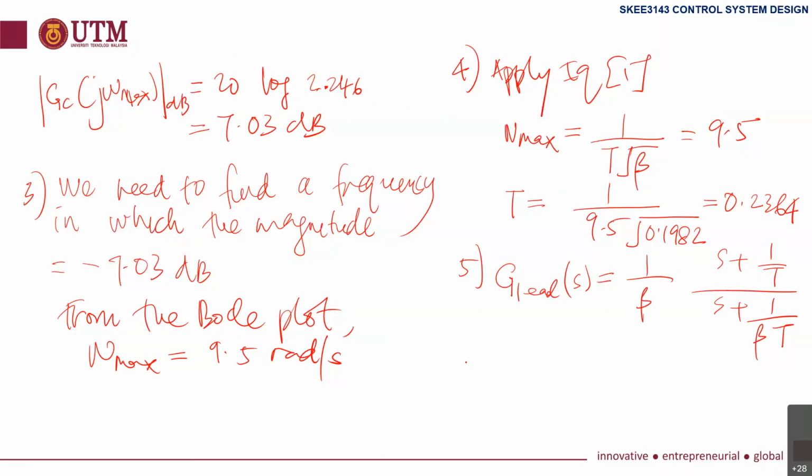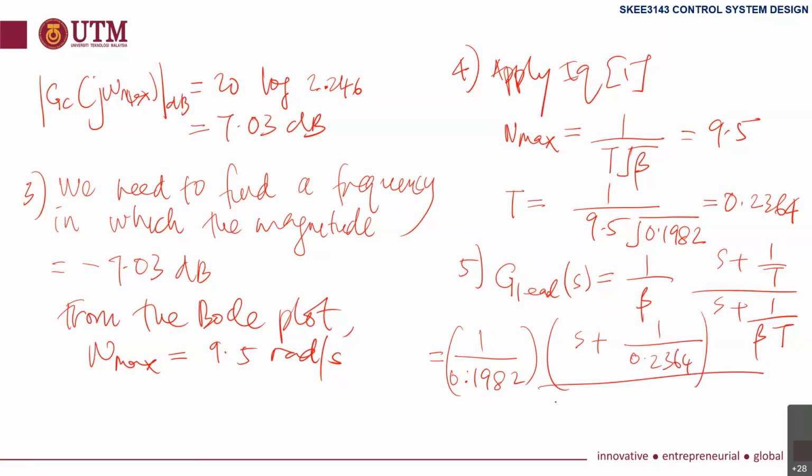Then we can, of course, substitute those values: 1 over 0.1982 times s plus 1 over T, where T is 0.2364, divided by s plus 1 over beta T, with beta 0.1982 and T 0.2364.